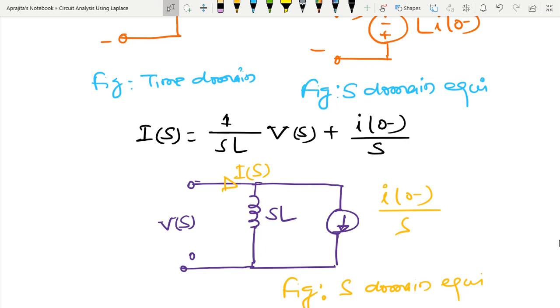Now let us try to see our next element, that is the capacitor. Before going to the capacitor, I will tell you one more important thing. In the phasor domain we have seen a similar kind of equivalent circuit, but the crucial difference is that the initial condition doesn't come into the picture.